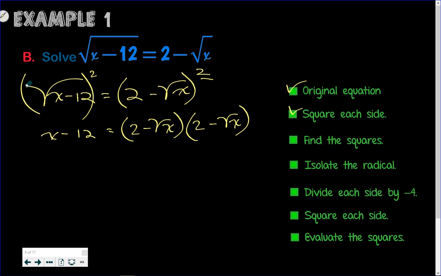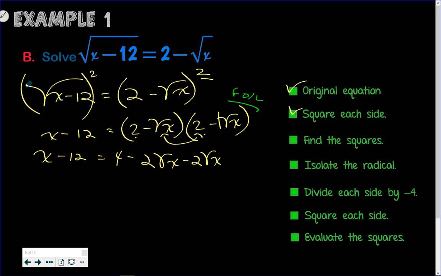What does that look like to you guys? Yeah, it looks like FOIL, doesn't it? So 2 times 2 would be what? 2 times a negative 1 square root of x. And then the middle terms, these 2 times that would be what?